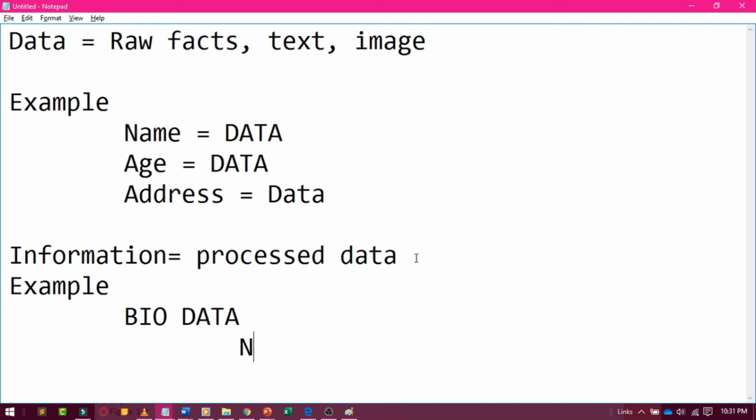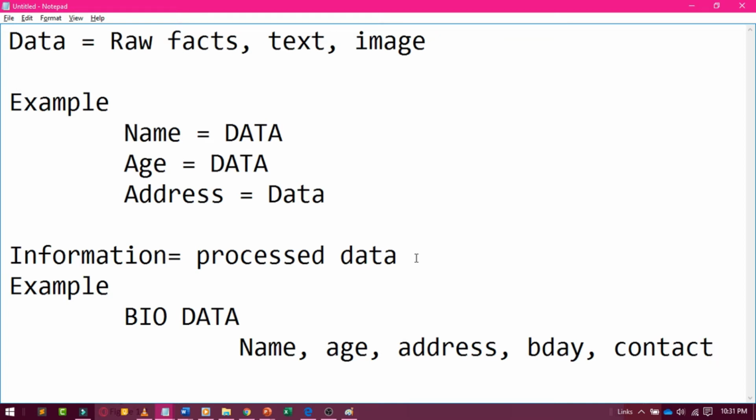Di ba, nandun yung pangalan, nandun yung edad, nandun yung address, nandun yung birthday. Okay, nandun din yung contact number. So nakuha niyo, when you say information, na-collect siya, and then we are going to use that, and we will know that this person lives here, ito yung edad niya, ito yung birthday niya, ito yung contact number niya. So, that is an information.